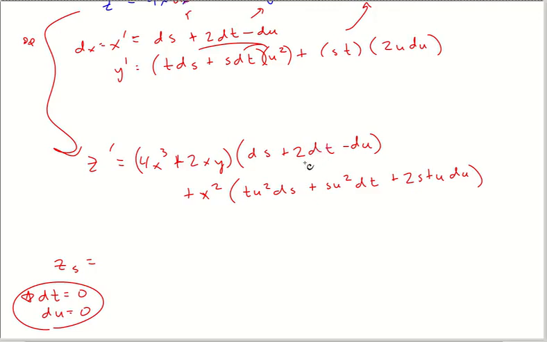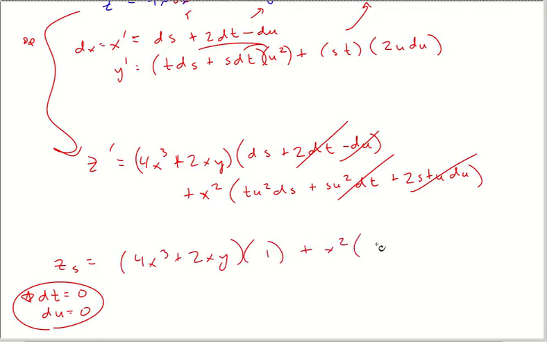Cancel, cancel, cancel, cancel, and you're left with something much less. The ds gets tossed to the other side, so you're looking at something much better now. So 4x cubed plus 2xy times 1 now, plus x squared times tu squared. That's it. Yeah, see, I wrote it correctly the second time. Okay, we're good.